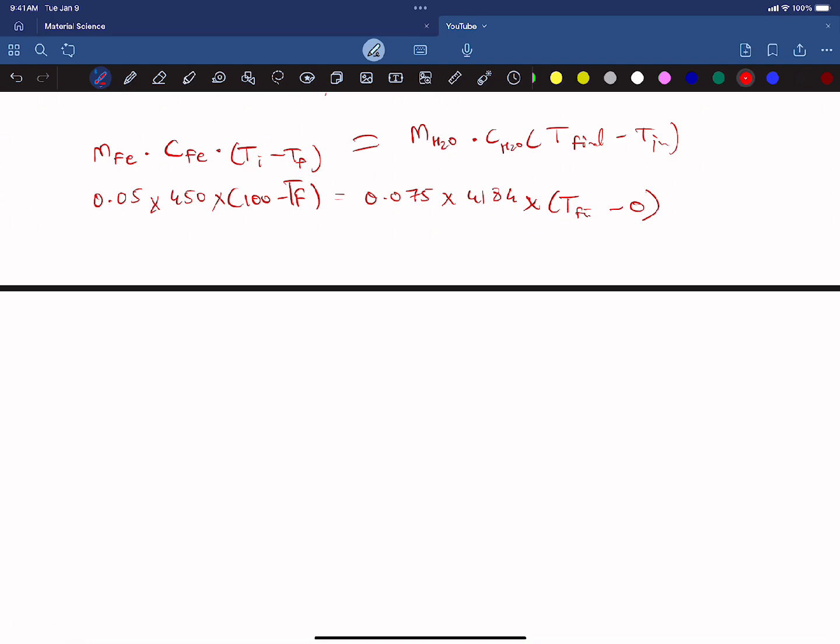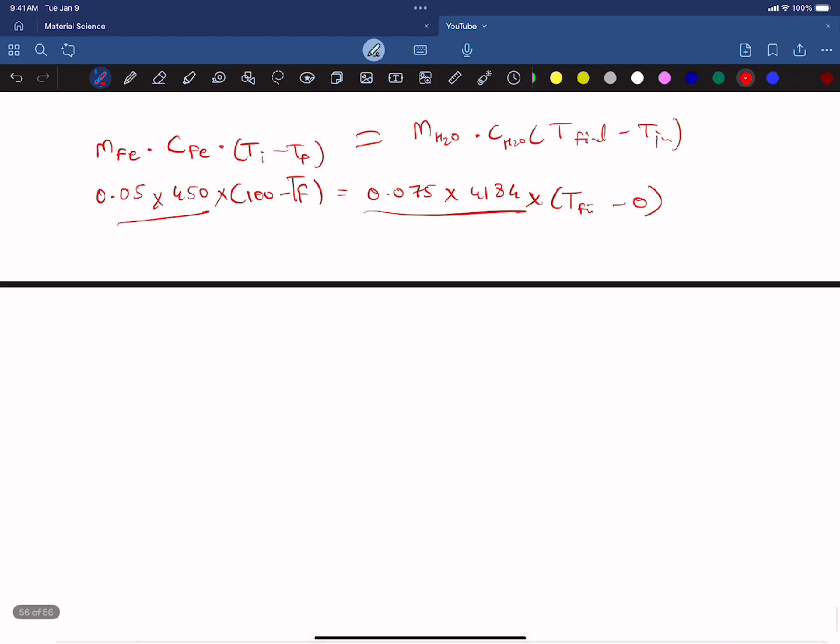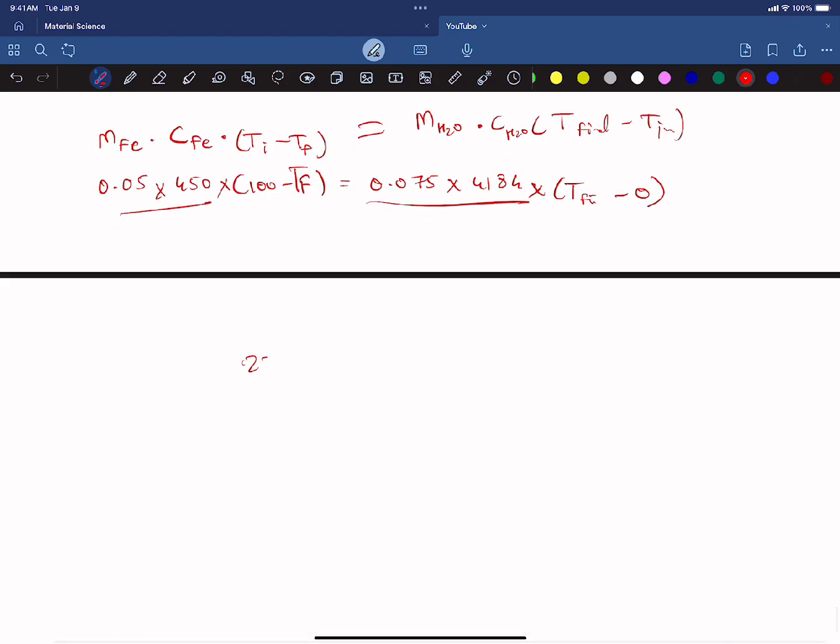Now multiplying these values and these values, you will get something. This is equal to 313.8 times T final.